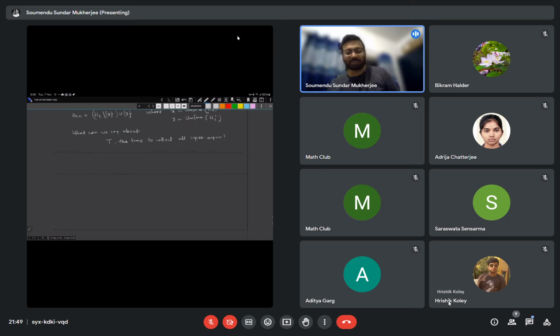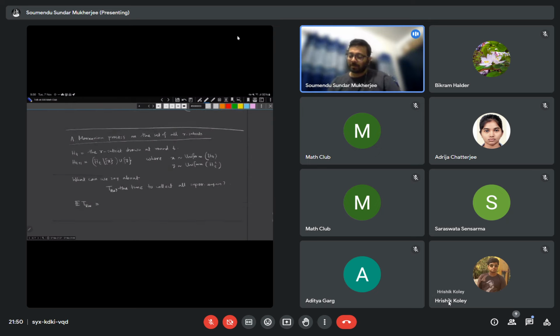We have a conjecture based on simulations. I'll write down the conjecture. The expectation of T in this case, I'll write T_RW here. There is a connection between this process and a particular random walk, at least in the R equal to S case. I'll denote this time by T_RW. So the conjecture is about the expectation of T_RW.